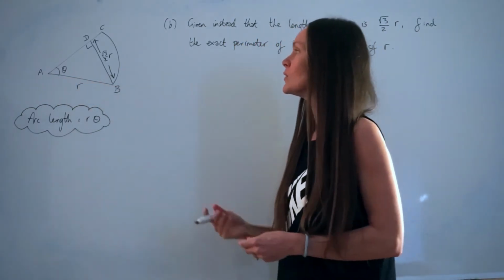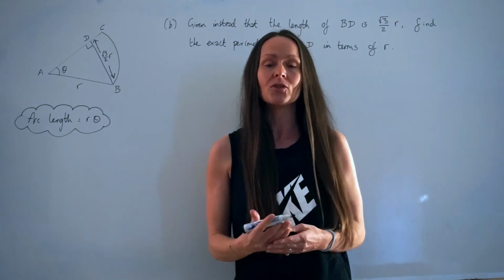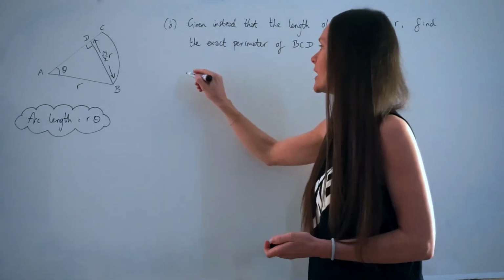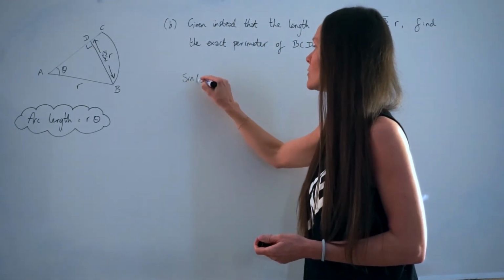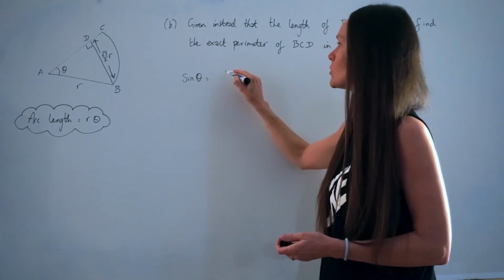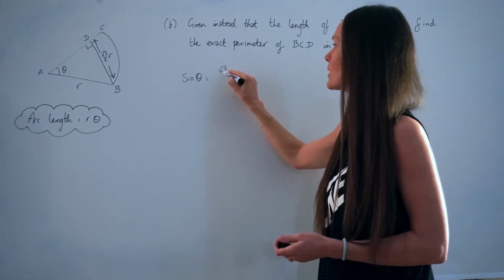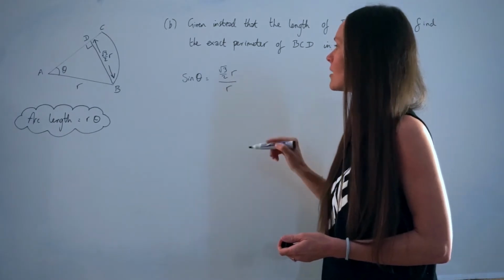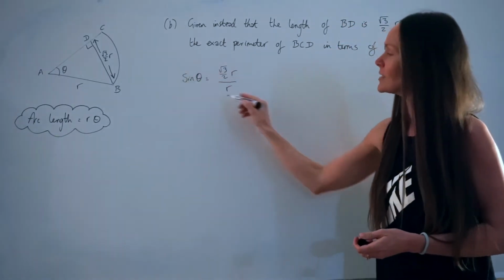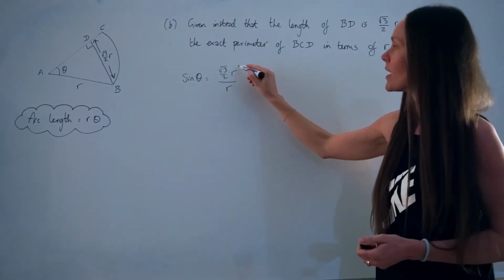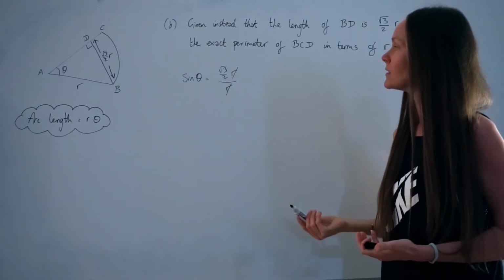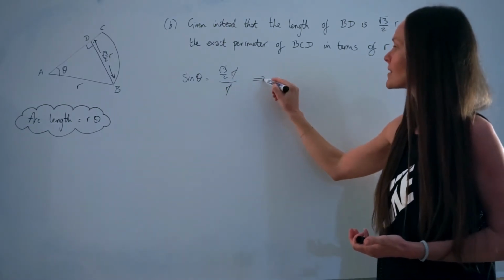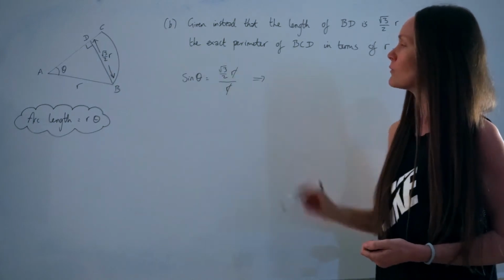So if I'm given the opposite and the hypotenuse in a right angle triangle, I know that sine of that angle, so sine theta, is equal to the opposite length, root 3 over 2r, divided by the hypotenuse, which is r. I can then cancel this equation here. I can simplify. r divided by r is just 1, okay? So I'm left with sine theta is equal to root 3 over 2.